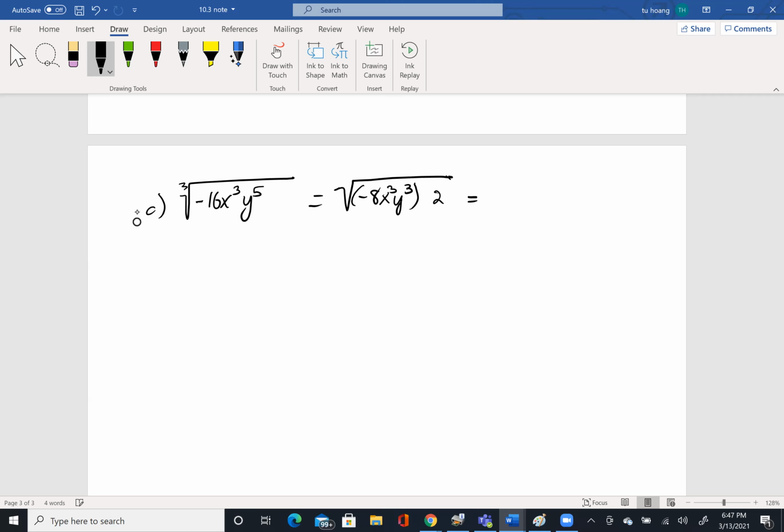And now I'm going to apply the product rule to split it out at index 3, right? The cube root of negative 8 x cubed y cubed multiplied by the cube root of 2 y squared. And lastly, you're going to have negative 2 times x times y multiplied by the cube root of 2.